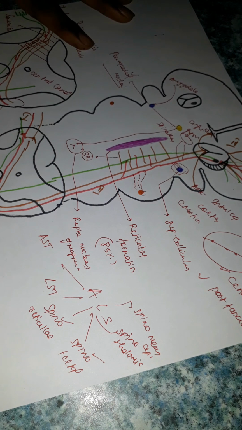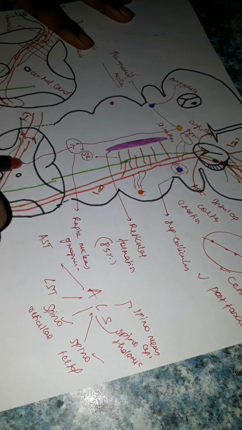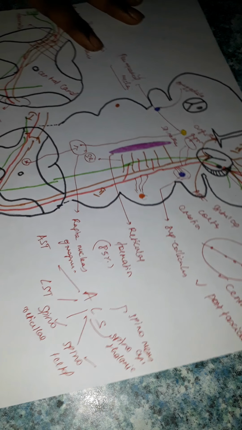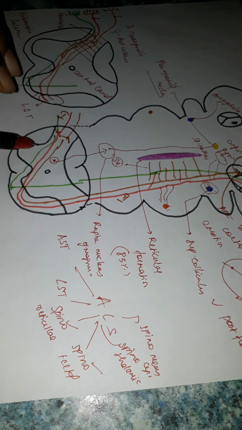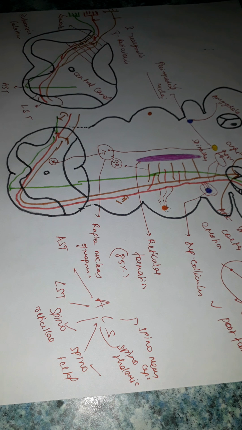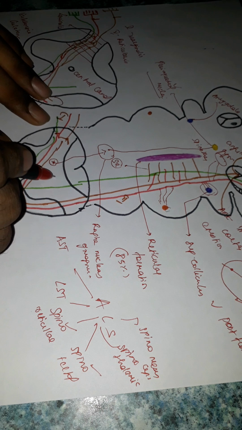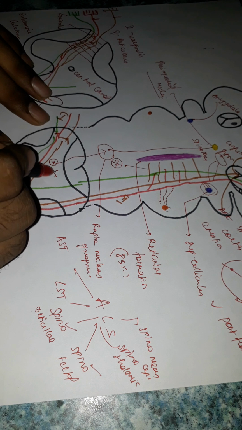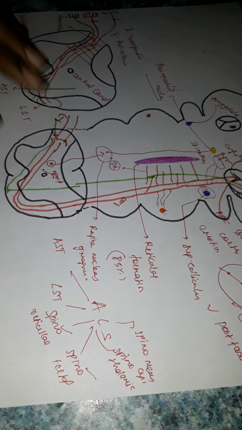From here the second order neuron arises and they reach your spinal cord, and they will send some inhibitory impulses so that your ascending pathway is inhibited. Fine. So here you have to look at another group of fibers, that is your opioid receptors. They contain your endorphins, enkephalins, all these are released by the opioid receptors, and they also inhibit your pain.